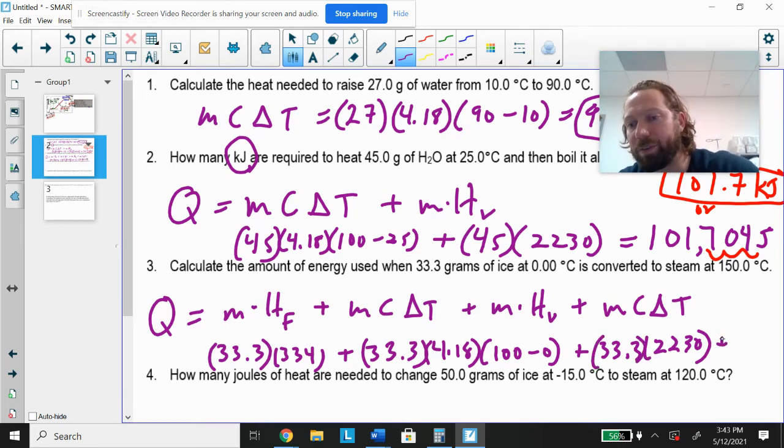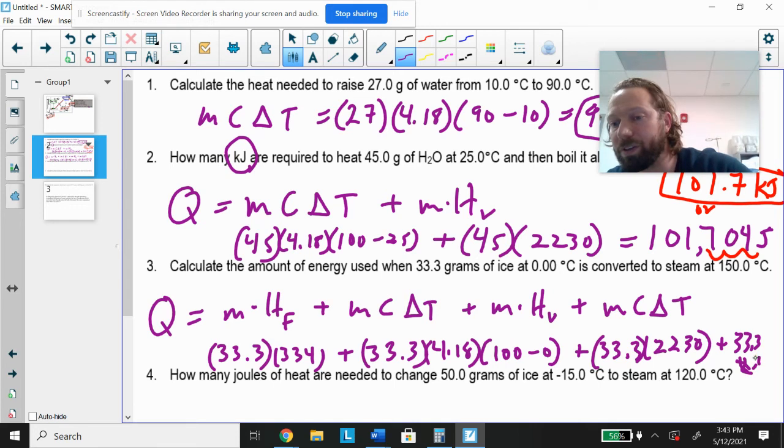And then finally, we're going up from 100. Now that's steam, you go up to 150. So again, 33.3 times, in this case, 2.03, times 150 minus 100.